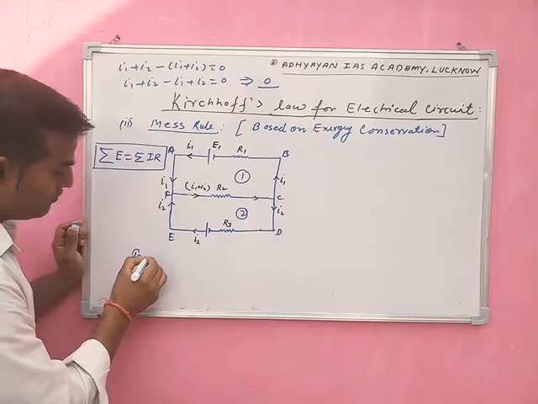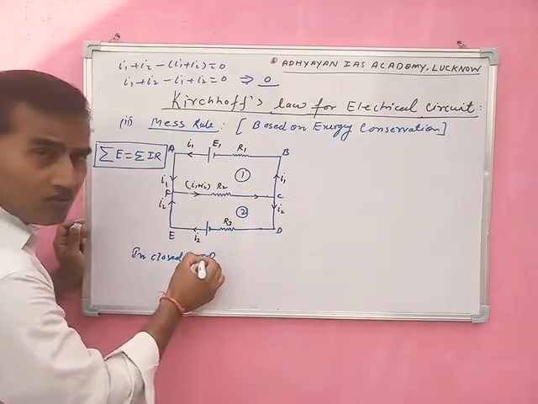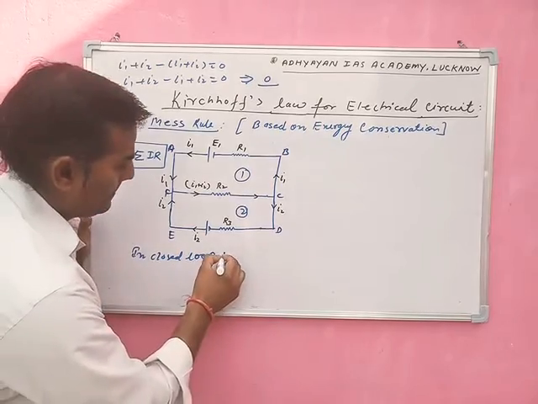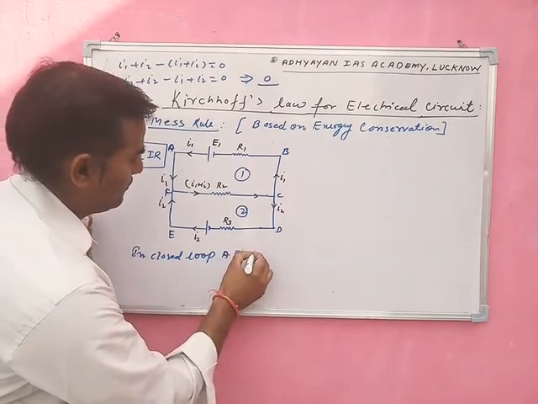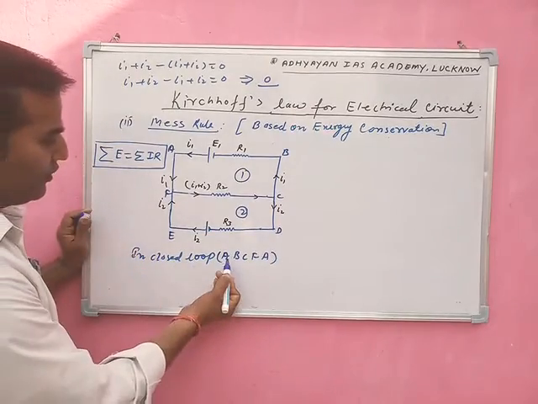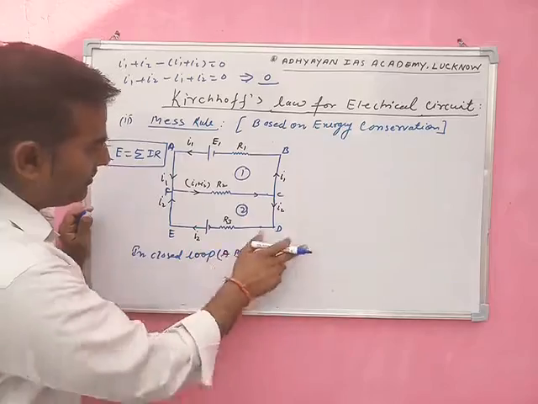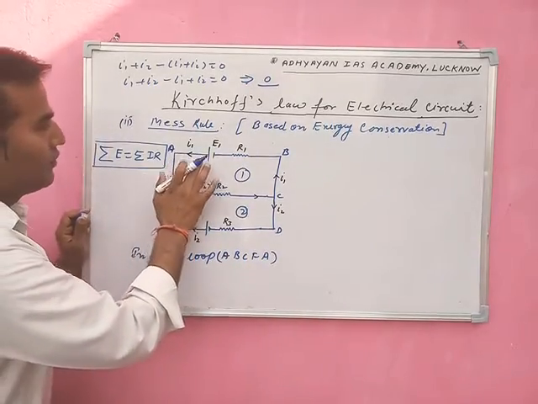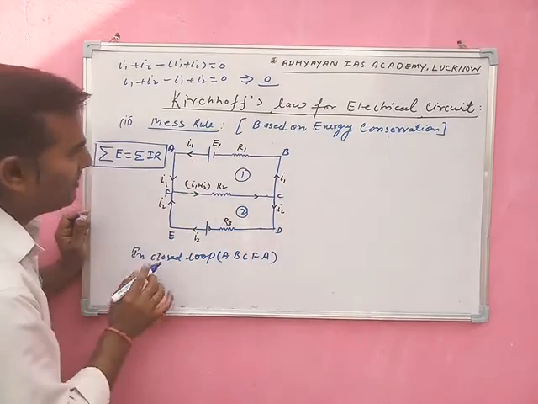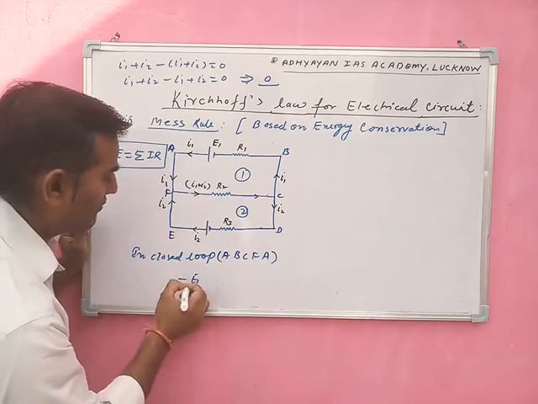In closed loop A B C F A, we go along A B C F A. First we come on the EMF, this is plus to minus, so minus E1.